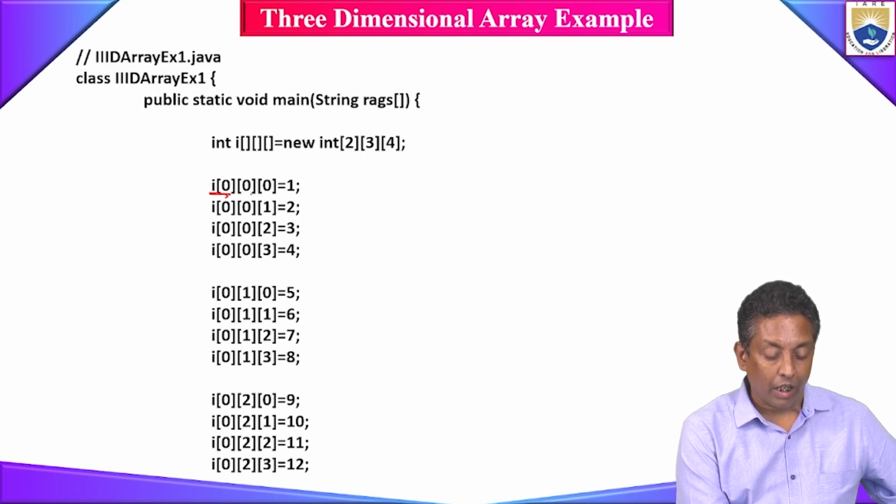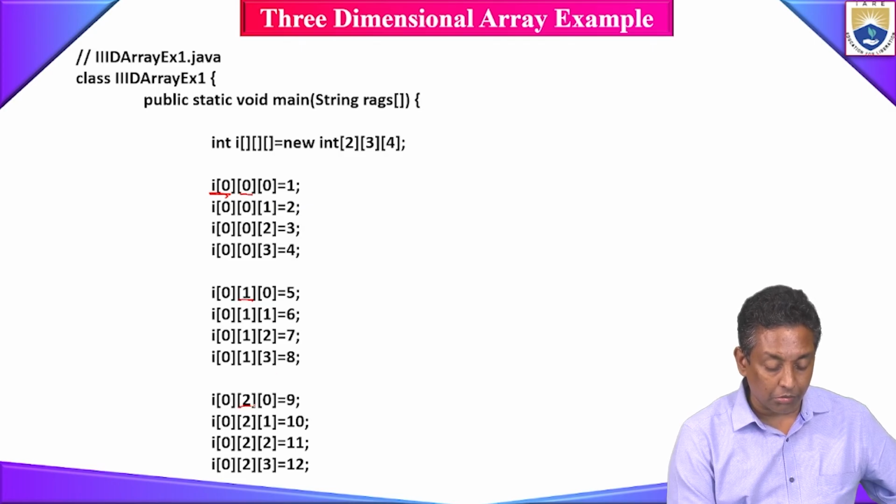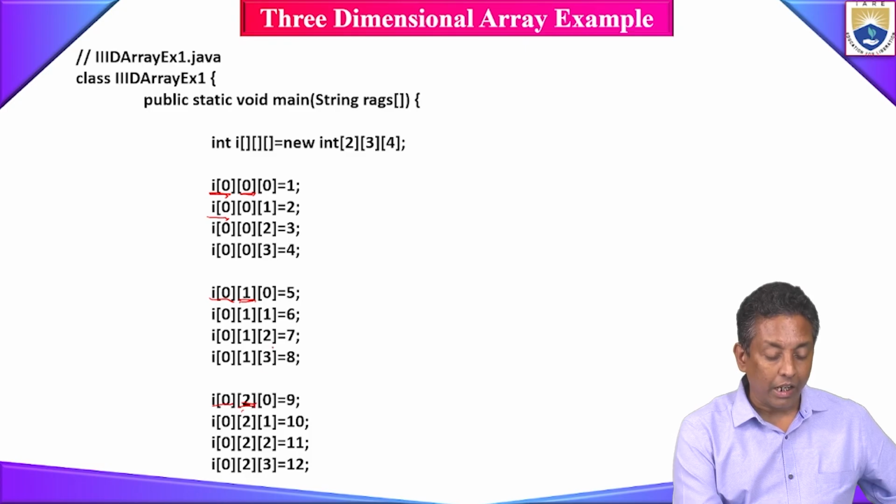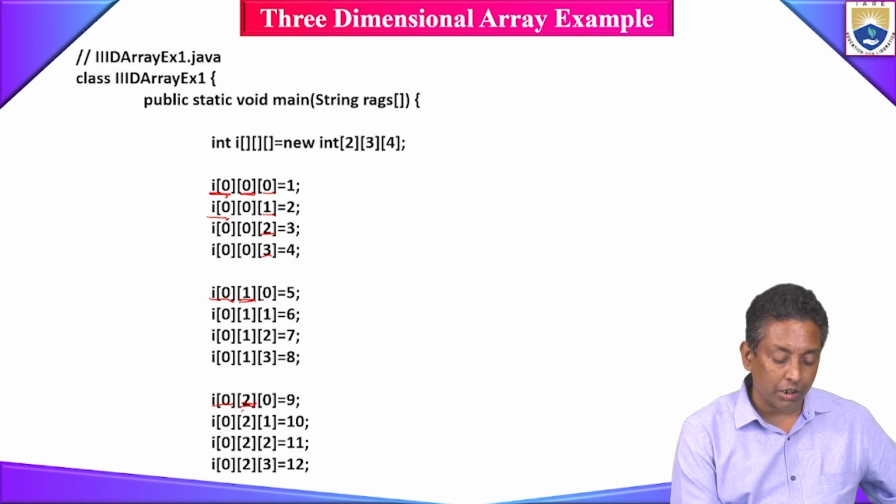In the 0th row, this is the 0th column, this is the first column, this is the second column. In that 0th column, again we are having 4 values, 0, 1, 2, 3. In the first column, 0, 1, 2, 3. In the second column, 0, 1, 2, 3.